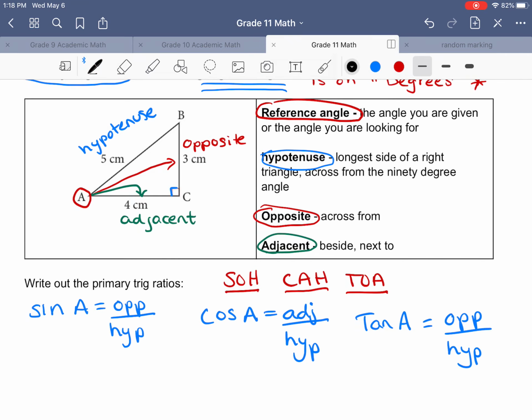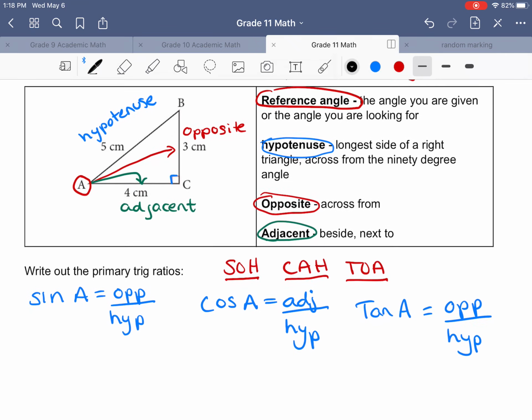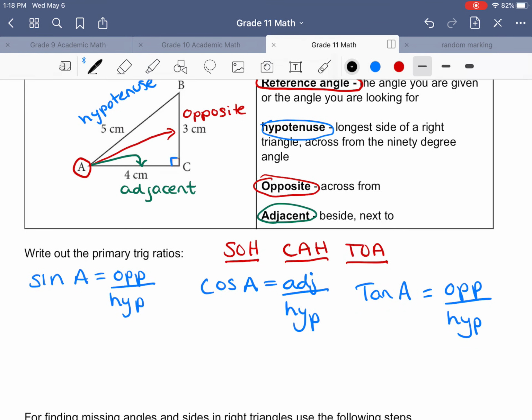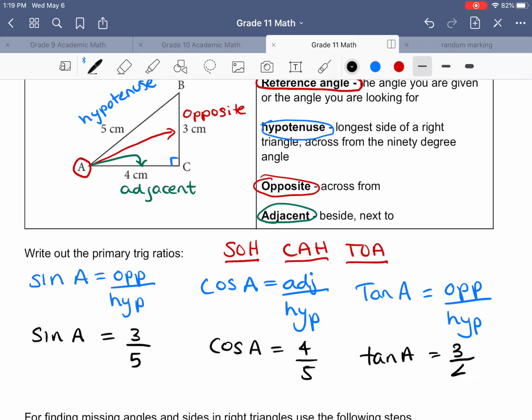So now we're actually going to write in those ratios using the lengths of the sides that we have on the triangle above. So sine of A is equal to 3 over 5. Cos of A is equal to 4 over 5, and tan of A is equal to 3 over 4. And I see that I've made an error here, so I'm just going to have to do a quick erase.